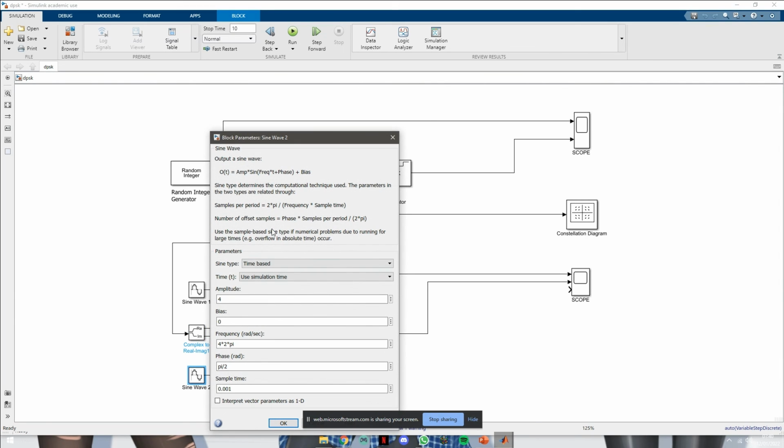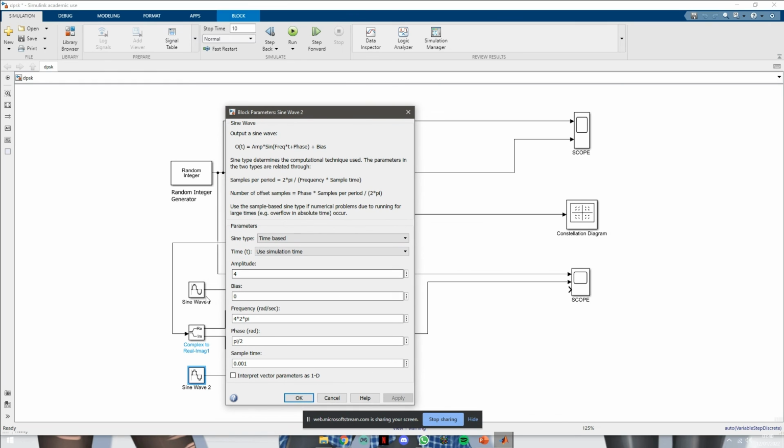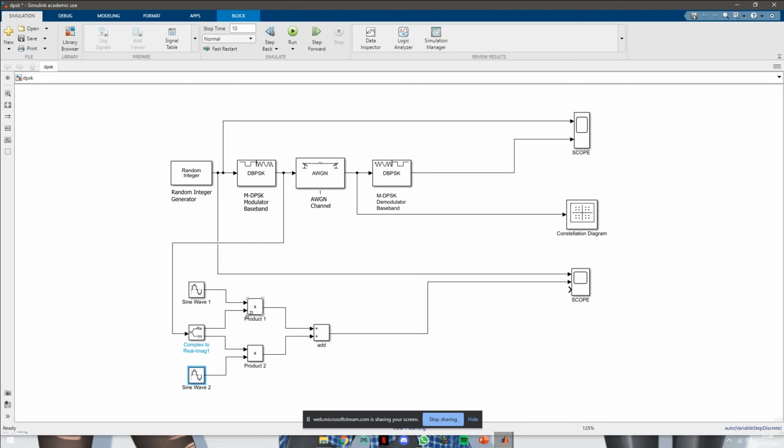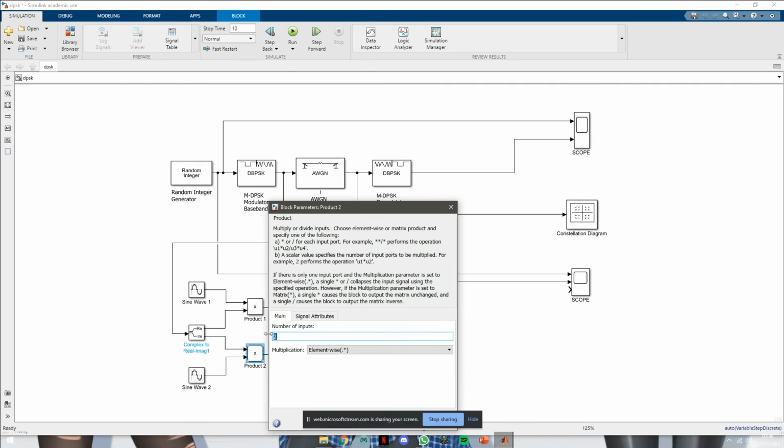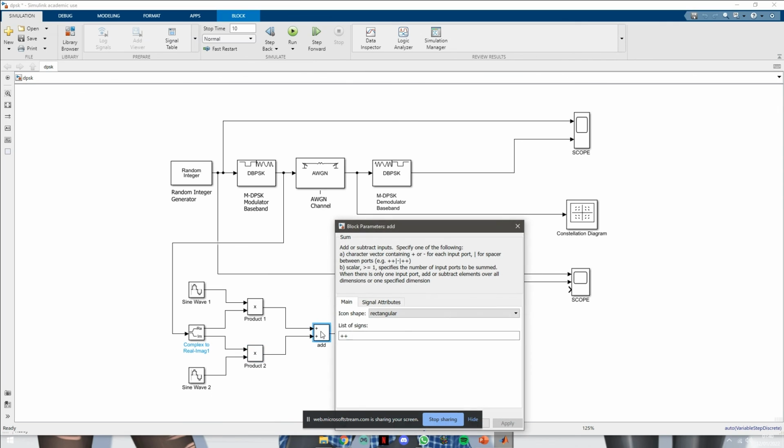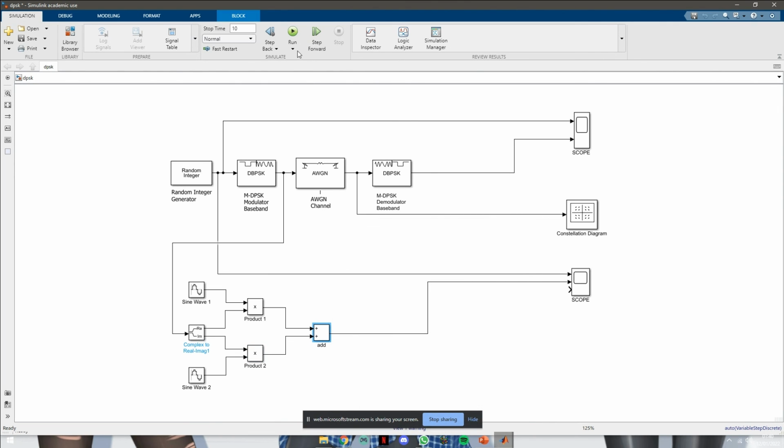Then sine wave 2 is the same as sine wave 1: amplitude is 4, frequency is 8 pi, and phase in radians is pi/2, and sample time is 0.01. This is product 1, the number of inputs is 2. Product 2, the number of inputs is 2. Adding is nothing special, just the same sign symbols. Okay, so then we run.